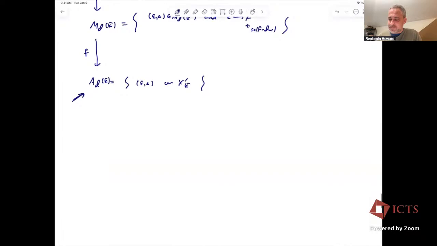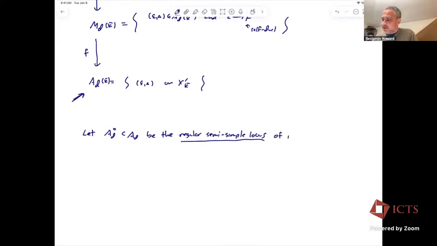So let AD circ inside of AD be the regular semi-simple locus of pairs for which this co-kernel sheaf has multiplicity-free support.